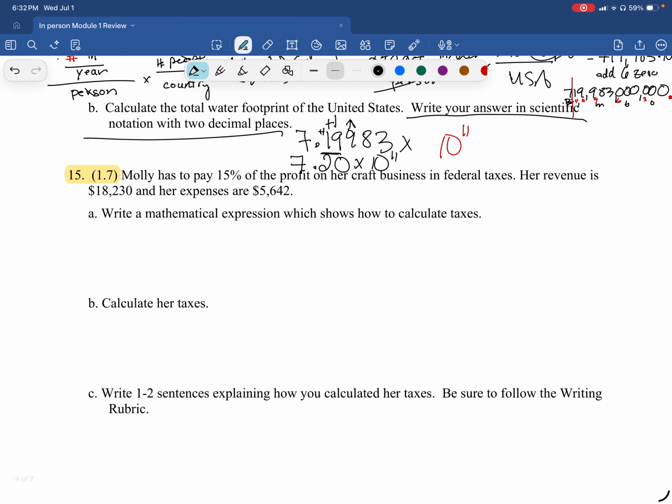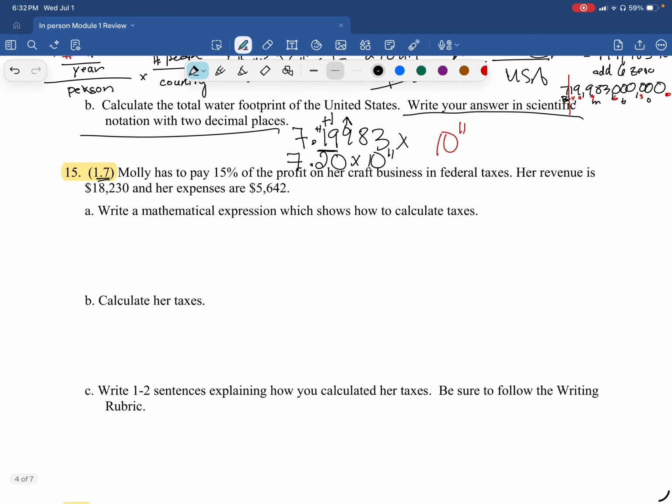Molly has to pay 15% on the profit of her craft business in federal taxes. Her revenue is 18,230 and her expenses are 5,642. So this is a 1.7 problem, and we didn't do 1.7 anymore, but just to let you know, profit equals revenue minus expenses.